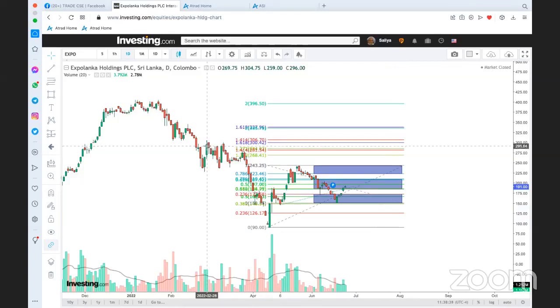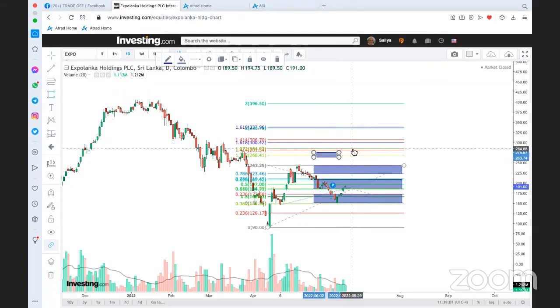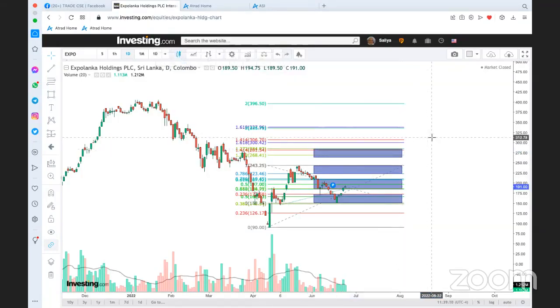$304.75. This area is a major resistance level, right? So we can use up from here. I would say that he is like from here. Then you can join the top line because they are almost in between or trying to overlap like that.